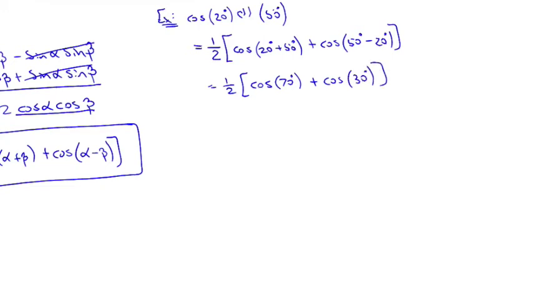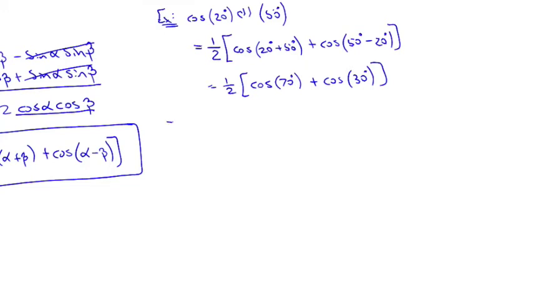And it's much easier to work with it that way than as a product. Now there's sometimes you get fancy angles up here so that you can calculate both of these. Right now we can only calculate cosine of 30, cosine of 70, you'd have to type into a calculator. But that's the gist of the formula.